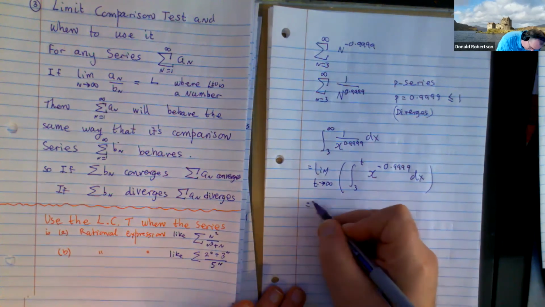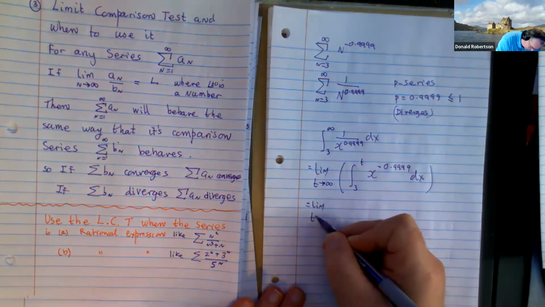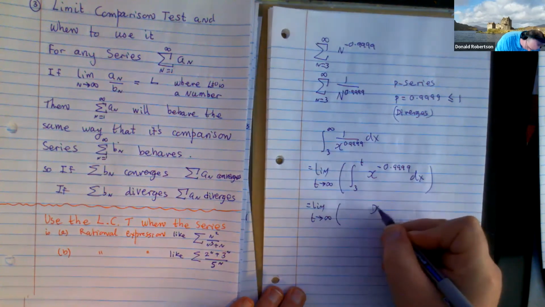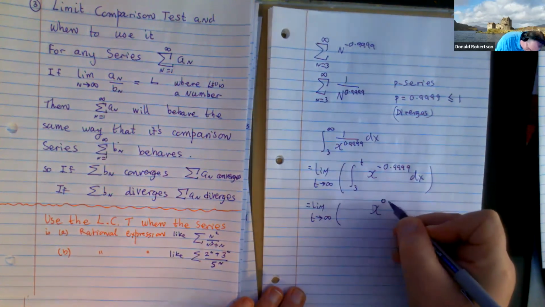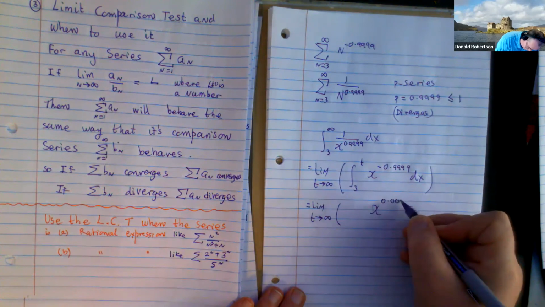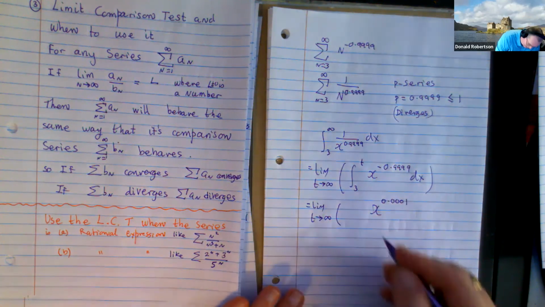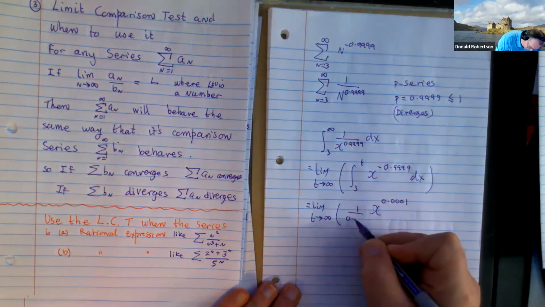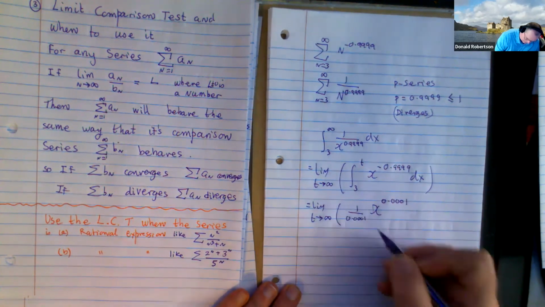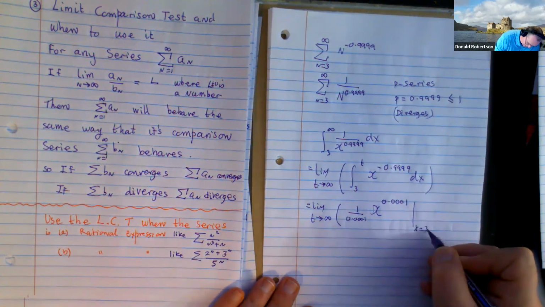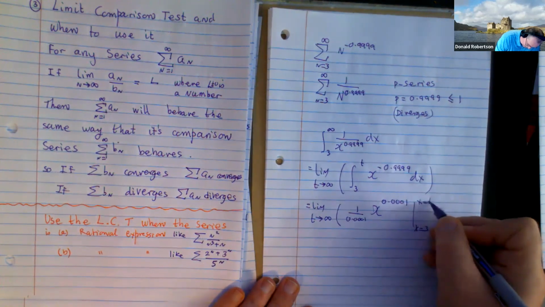So it's going to be the limit as t tends to infinity of: add 1 to the power, you will get 0.0001. It'll be positive, because you add 1 to that negative 0.9999, and you divide by the new power. And you're going to evaluate it from x equals 3 to x equals t.